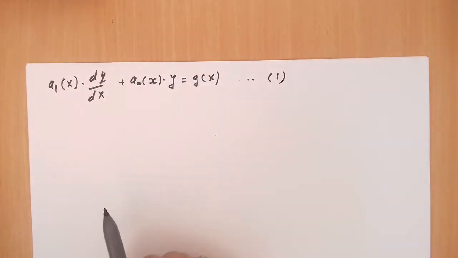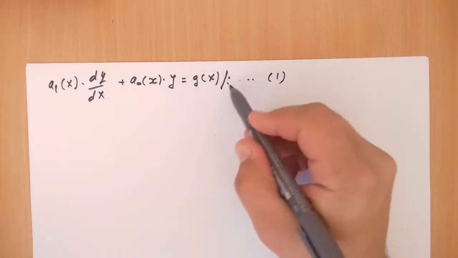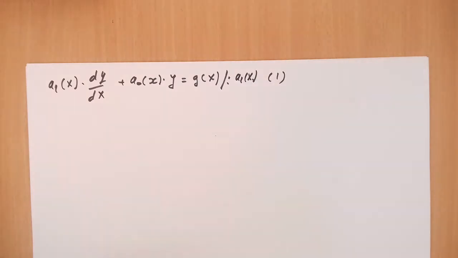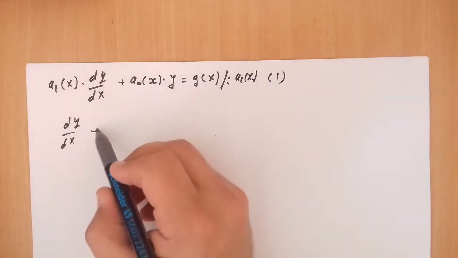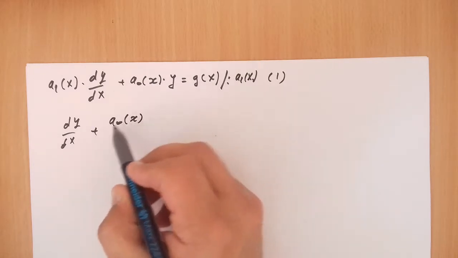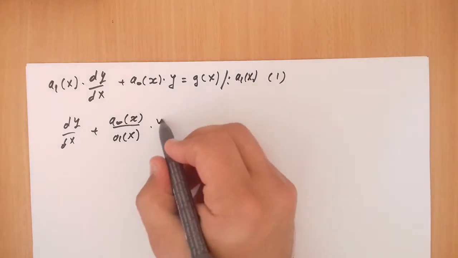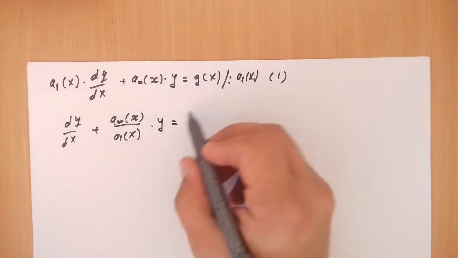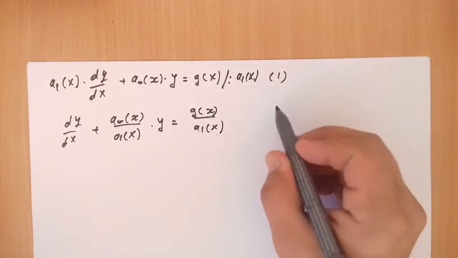So this is equation 1, and we will divide both sides by a1 of x. So we have dy/dx plus a0 of x over a1 of x times y, which is equal to g of x divided by a1 of x.